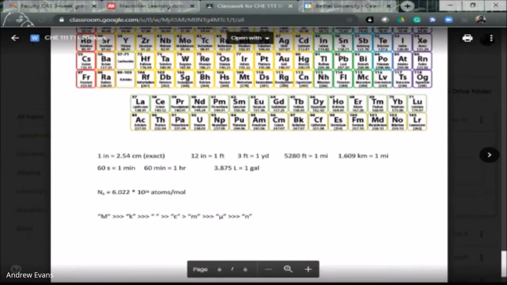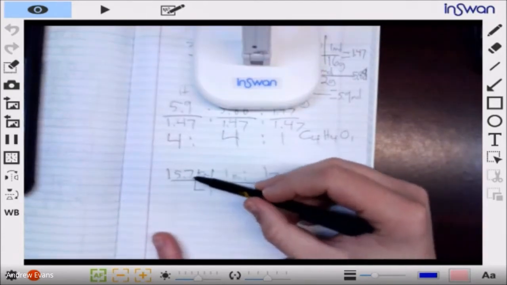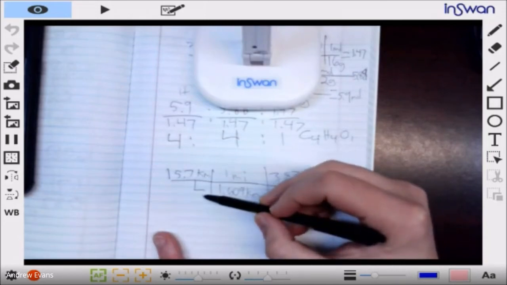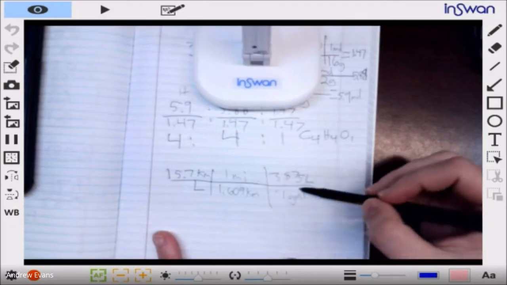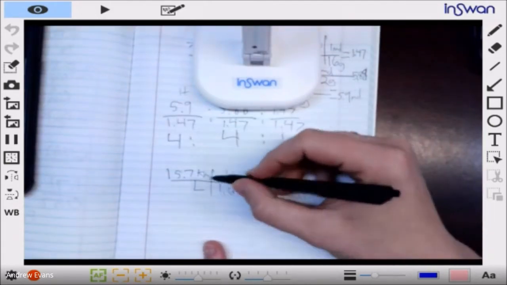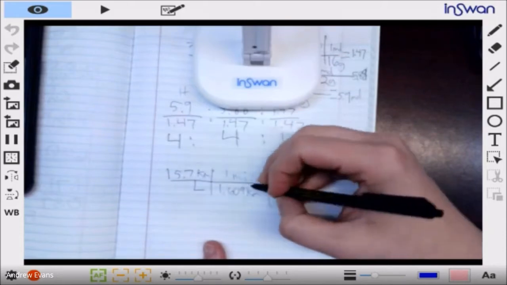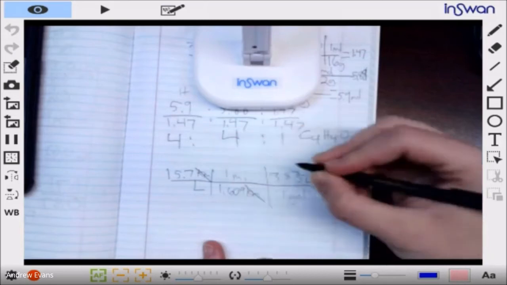So pulling to the doc cam real quick. Notice I set up 15.7 kilometers over 1 liter. It doesn't matter which order I do this step in, as long as I do both steps. Since this is kilometers over here, I need kilometers down here. So kilometers and kilometers cancel.